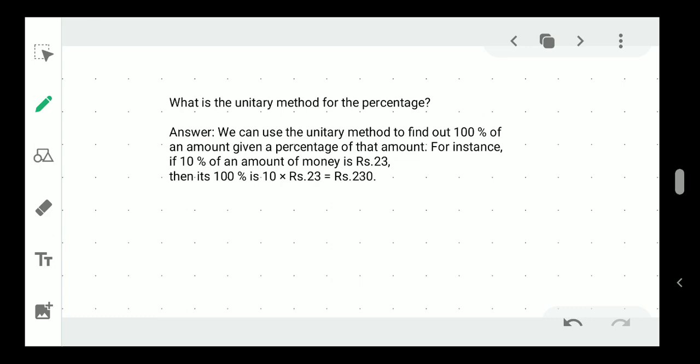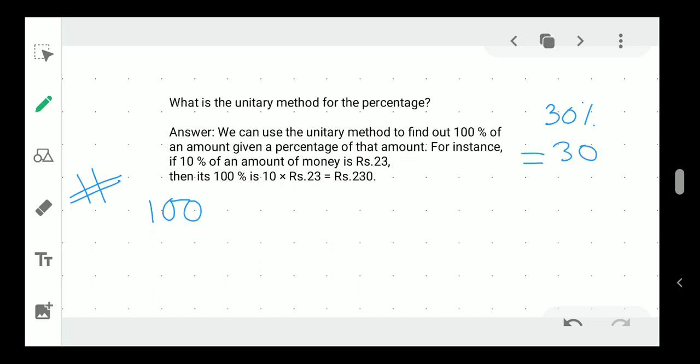Let me give one example. You have gone to a mall and you have seen that a toy of 500 rupees is having a discount, so you have to pay only 30%. That means out of 100, I told you, 30% means what?